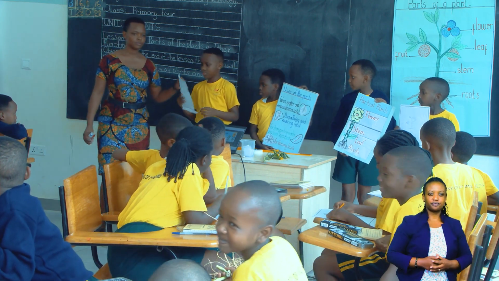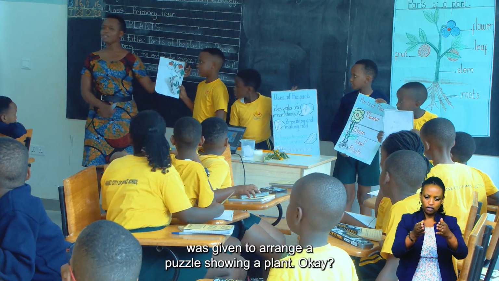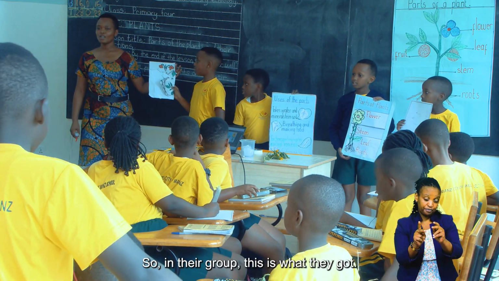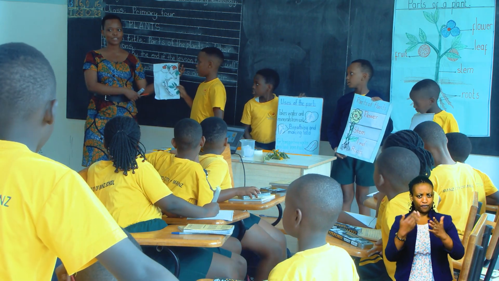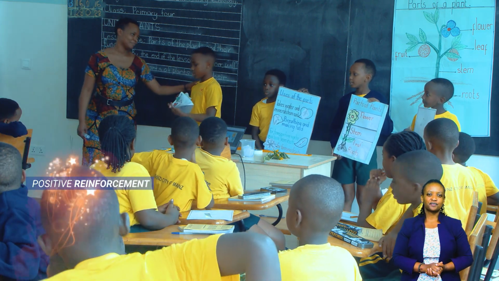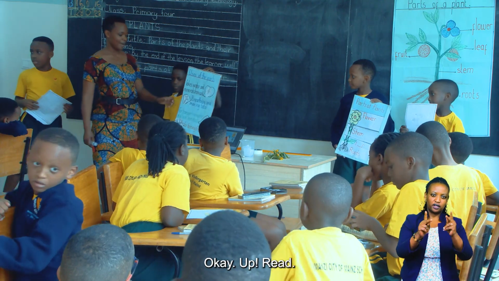This group was given to arrange a puzzle showing a plant, okay? So in their group, this is what they got. Can you give them factor 1? Okay, up, read.